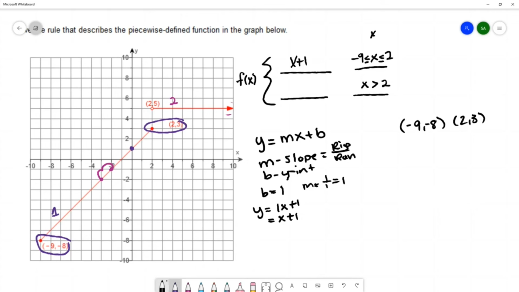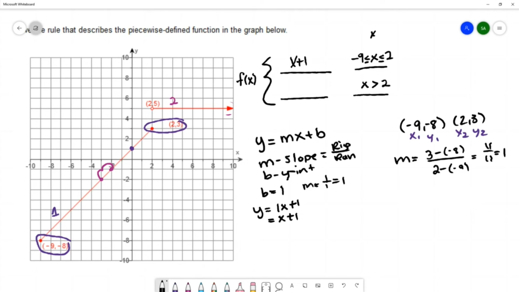I could let one of the points be x1, y1, the other be x2, y2, and I could calculate the slope. So that's 3 minus -8 over 2 minus -9, and we get 11 over 11, which is 1.